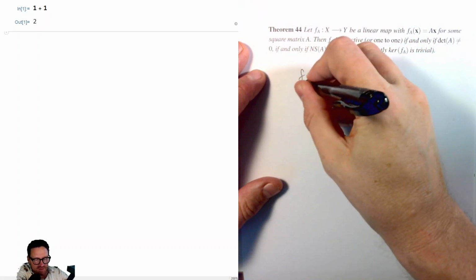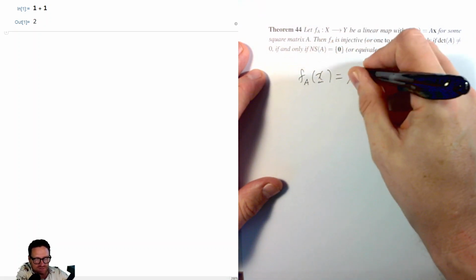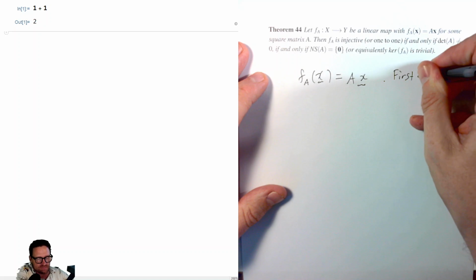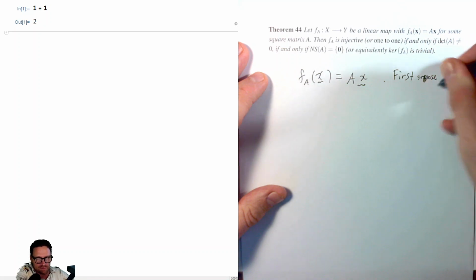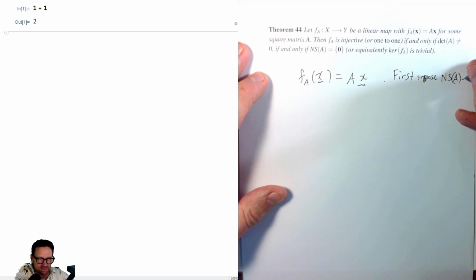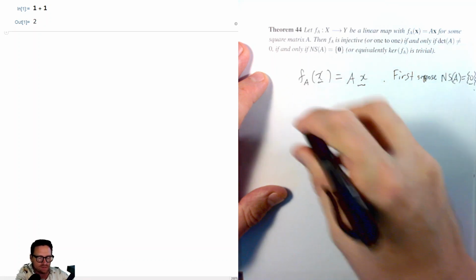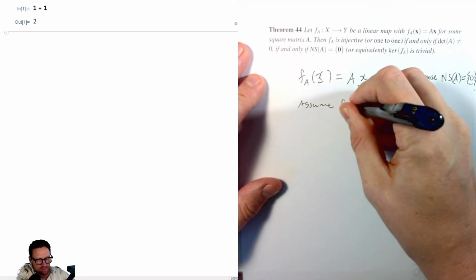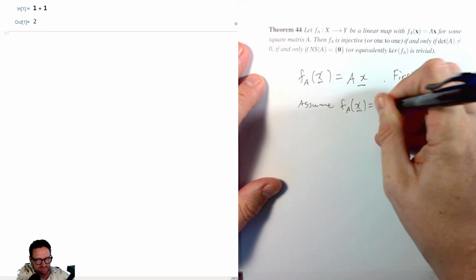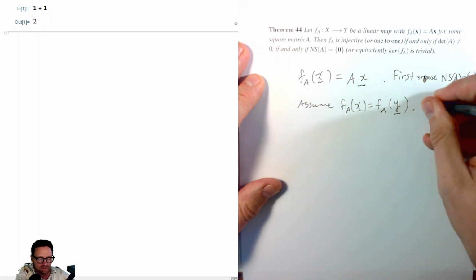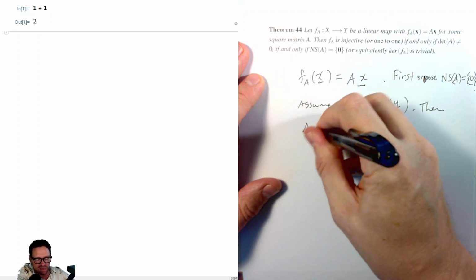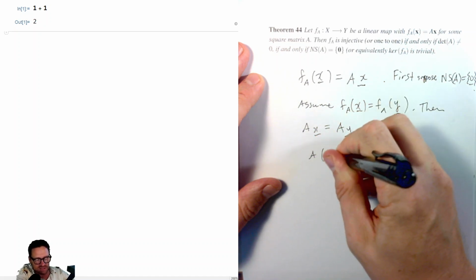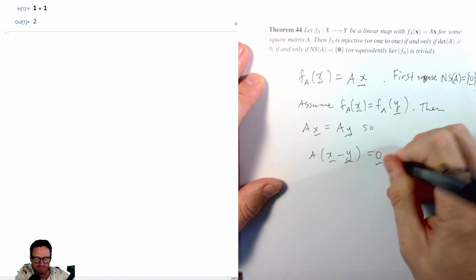Okay, so if F subscript A of x equals Ax, now first suppose the null space of A is trivial. Assume F subscript A of x equals F subscript A of y. Then we have Ax equals Ay, so A applied to x minus y is the 0 vector.